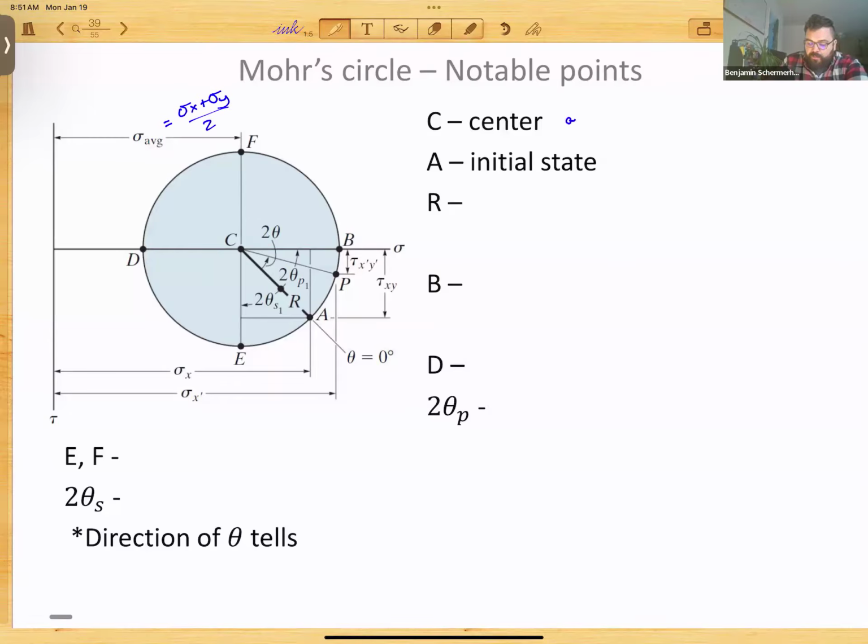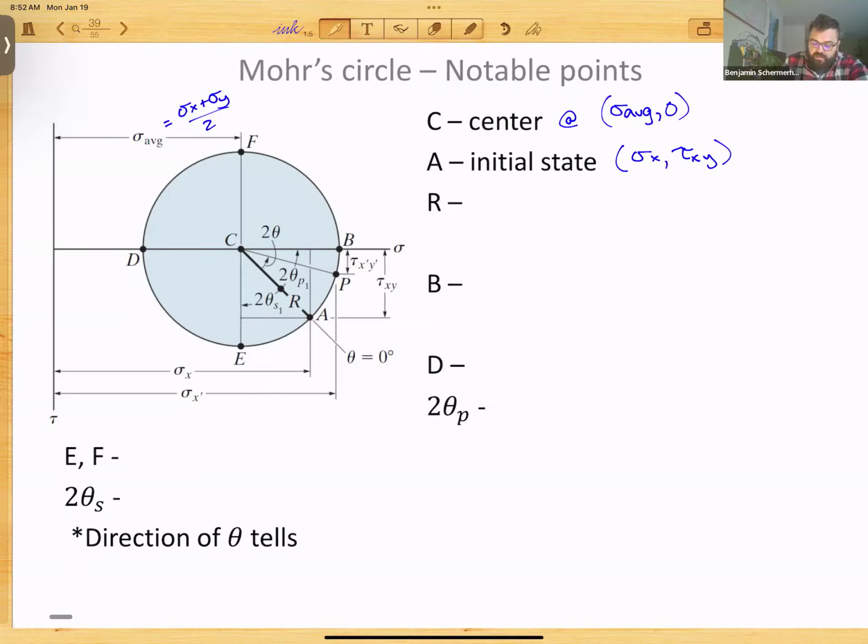We find the center by doing the sigma average and 0 for our shear stress. So that coordinate is going to give us our center. We map out our sigma x, tau xy as our initial state. So those coordinates represent our initial state. You get those two things down first.